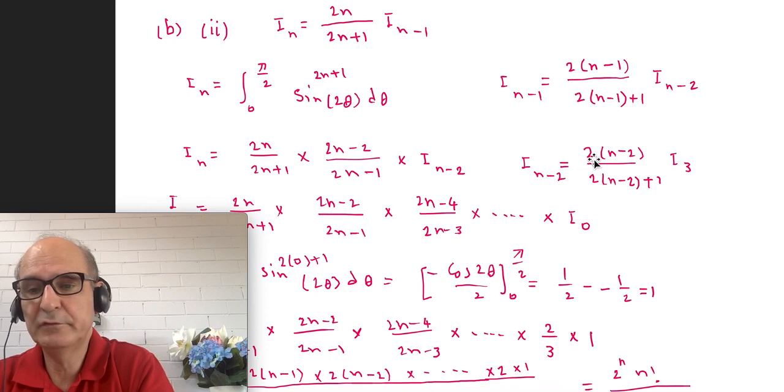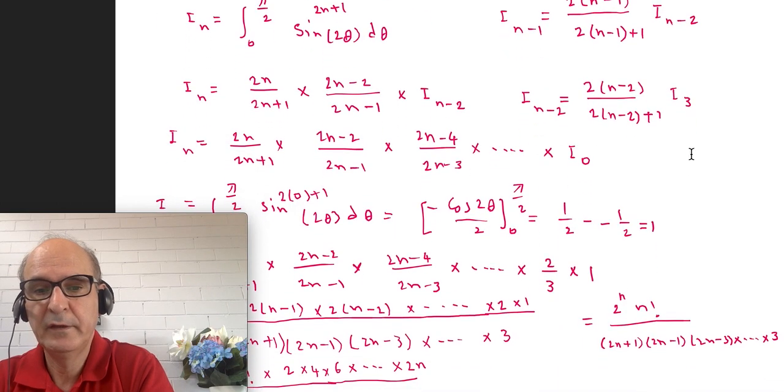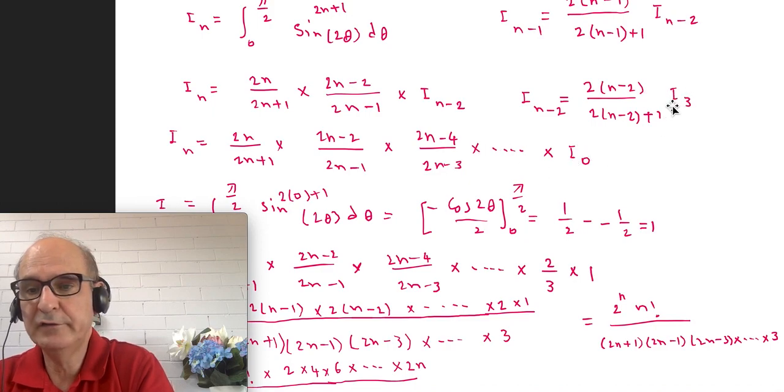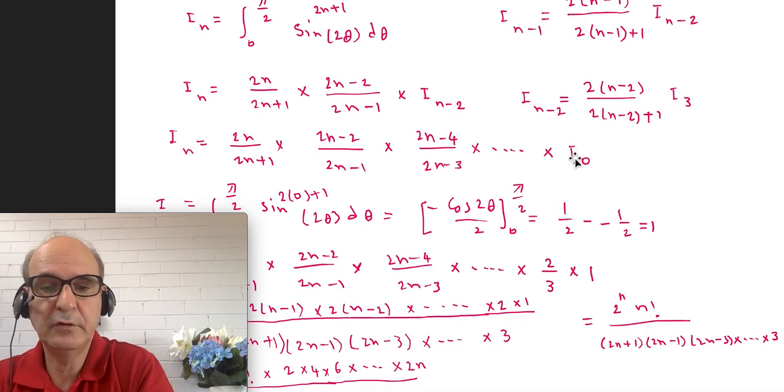I_(n-2) is equal to 2 times (n minus 2) over 2 times (n minus 2) plus 1 times I_(n-3). And if we continue this procedure, at the end we end up with I_0 here. And I_n becomes 2n over 2n plus 1 times 2n minus 2 over 2n minus 1 times 2n minus 4 over 2n minus 3, and etc., until you get to I_0.